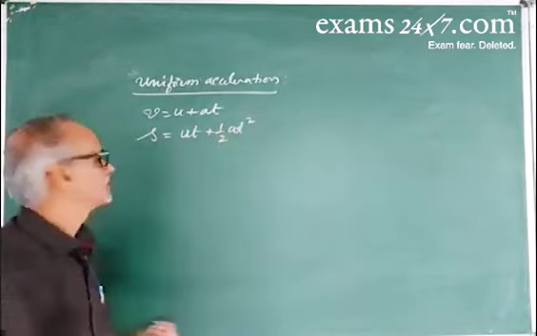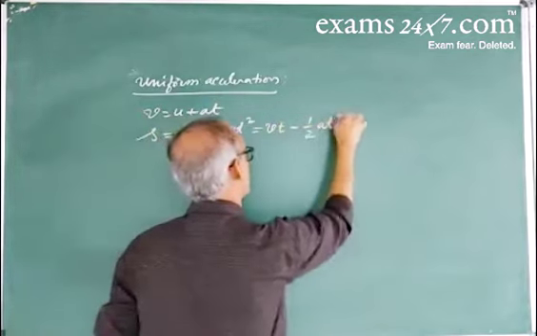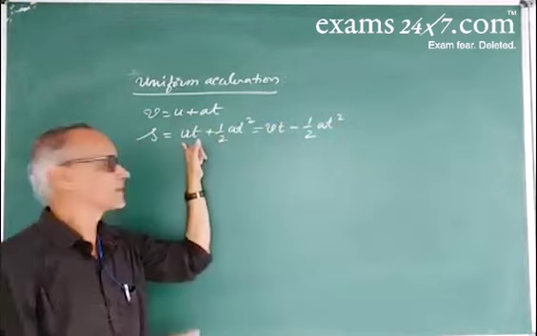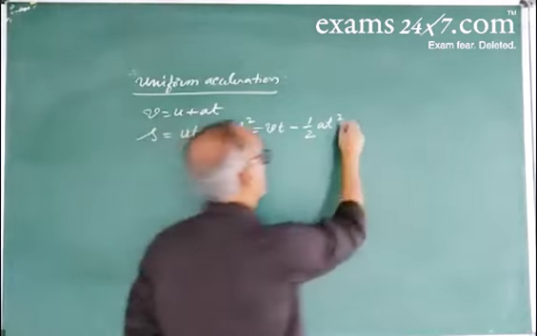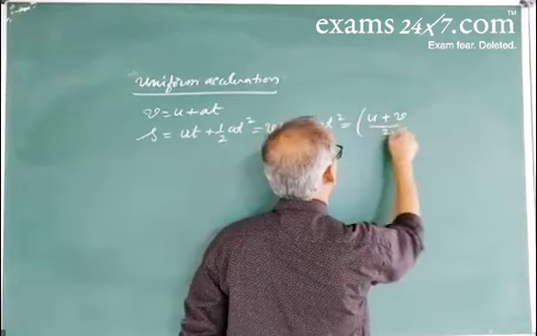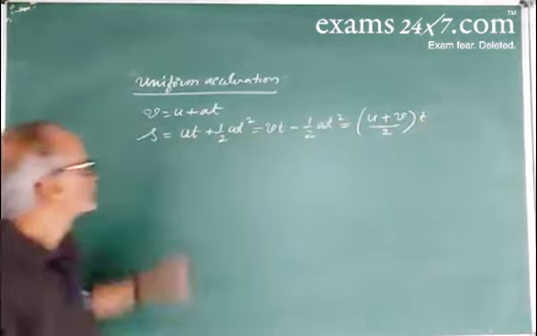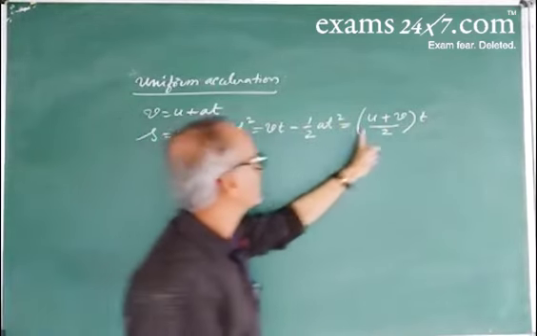The same thing can be even found using vt minus half at square. If I replace u as v minus at, then we are going to get this particular format. And the same distance we can even calculate as u plus v by 2 into t. So s is equal to ut plus half at square, vt minus half at square, u plus v by 2 into t.